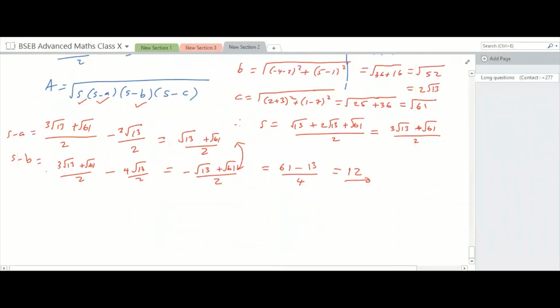The final one we need to find is S minus C, which is 3 root 13 plus square root of 61 over 2 minus square root of 61, that is 2 root 61 over 2. So I'm getting 3 root 13 minus square root of 61 over 2.